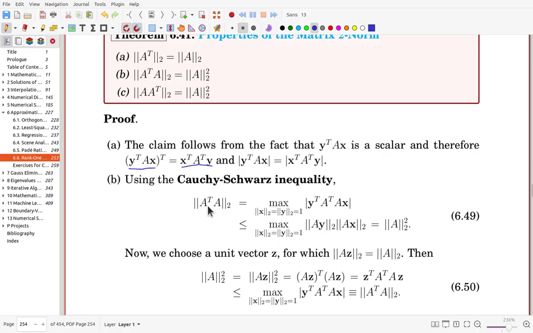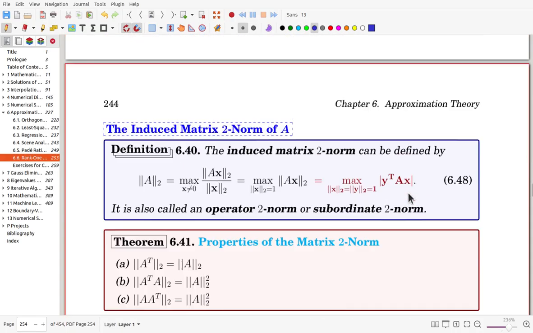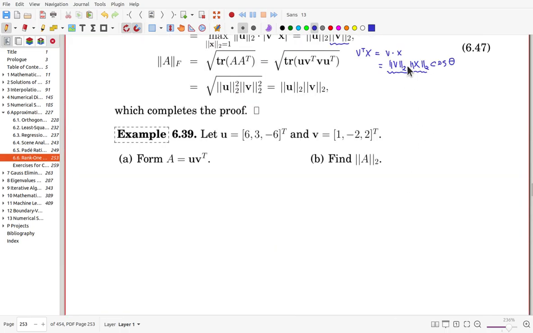Okay, start with the left-hand side, the A transpose A 2 norm. By using the expansion of the definition, it can be written in this way. However, this one is the same as A y transpose, so this one is a dot product between A y and A x, so we can use this formula, okay, that one.